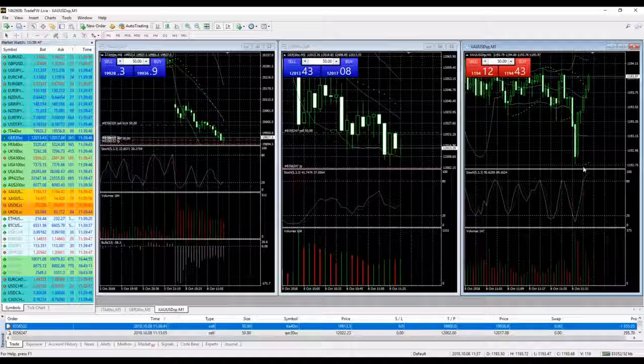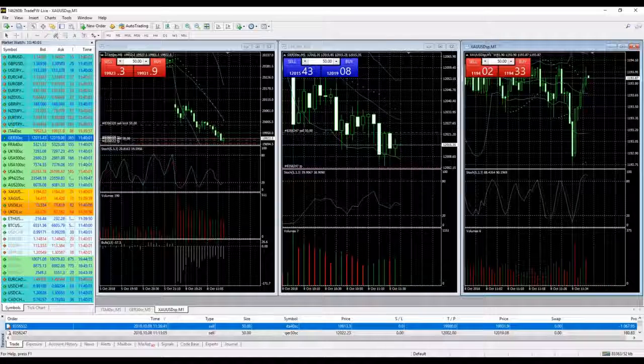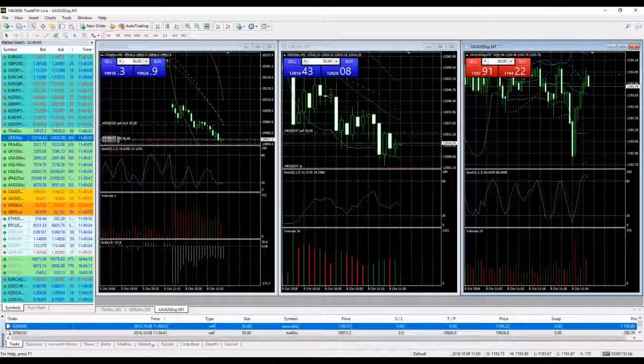And then I have to see what I want to do with my DAX position, if I adjust the take profit, or if I close the position maybe. There we go. We sell now gold. Guys, we just sold gold.